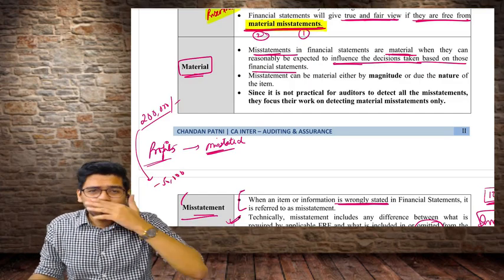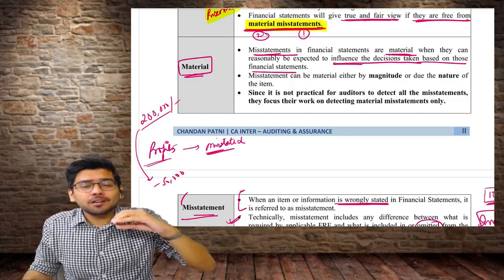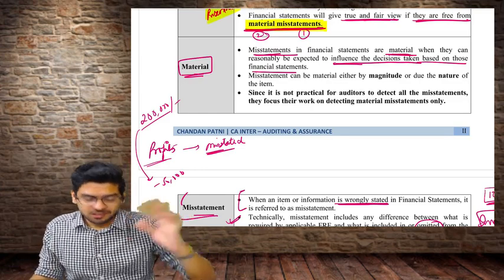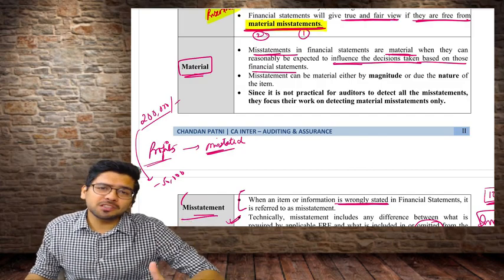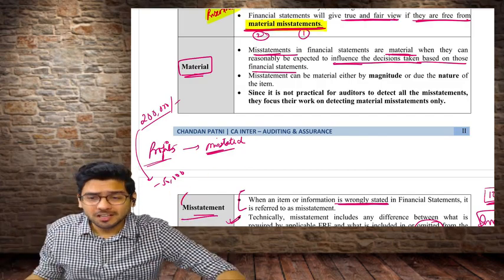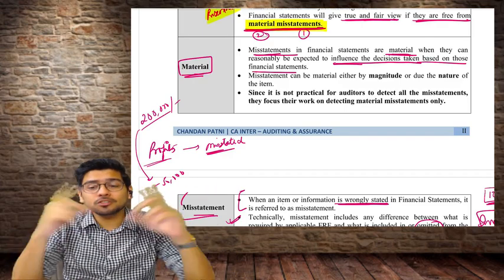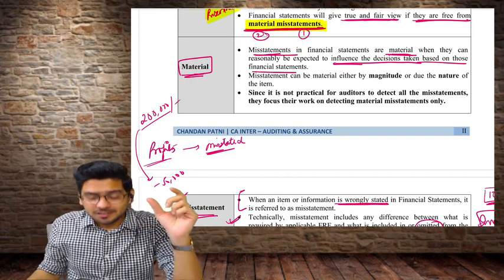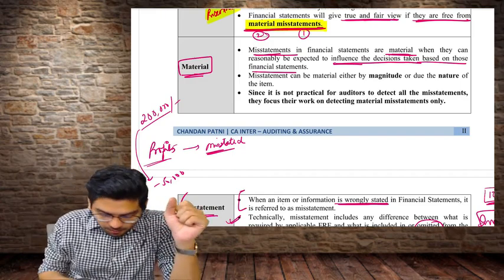Now don't you think, let's say I am a prospective investor and I wanted to invest in this company, but now I see the financials and I see the company is not doing well, it is already in loss, so let me not invest in the company. My decision altogether is going to change or not? Yes. So profit, if it is misstated, it is a material misstatement. Why?